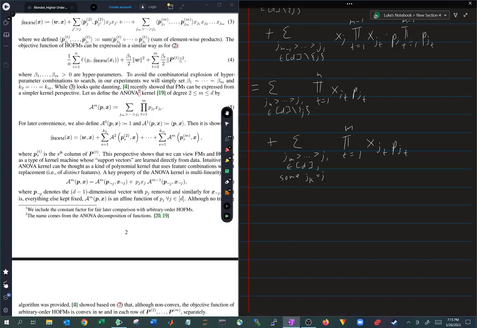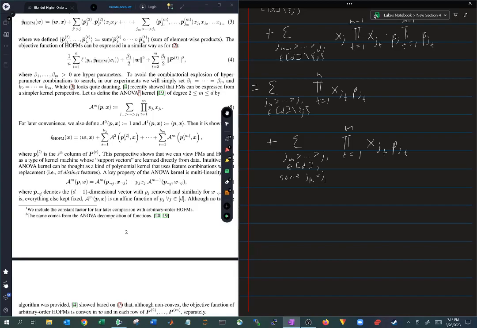So we can just write this as the entire sum over all integer sequences in d of the product from t equals 1 to m of xjt pjt. If you match the definition, this is literally just the definition of AM.